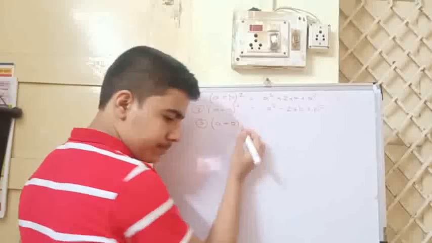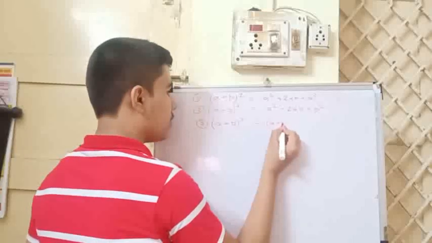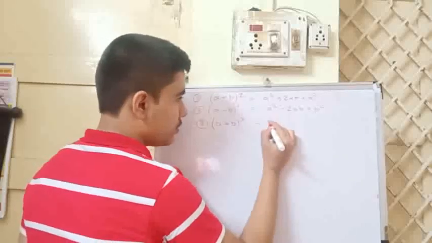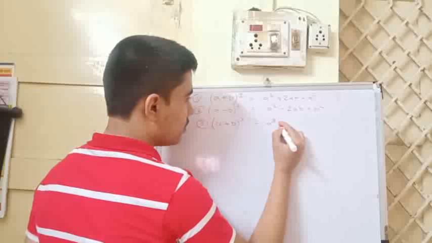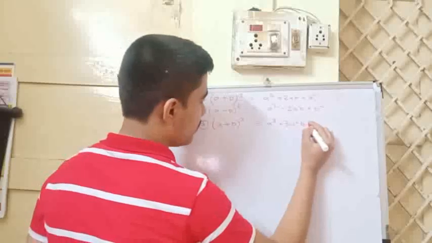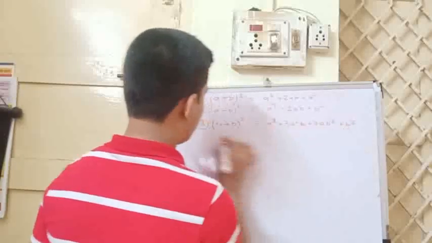Then the third is (a + b) whole cube is equal to a cube plus 3a square b plus 3ab square plus b cube.